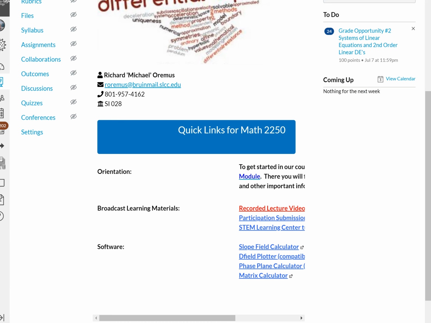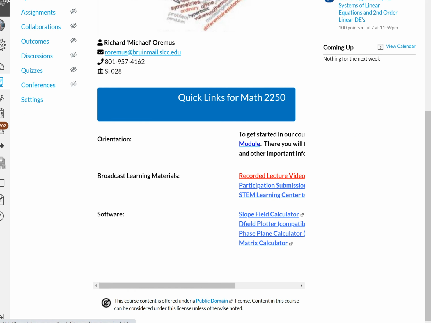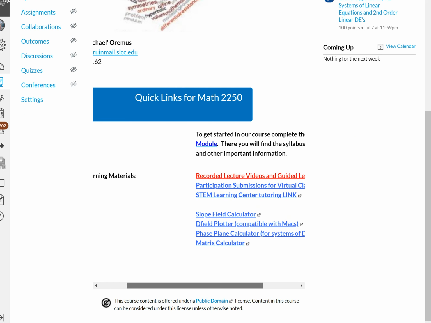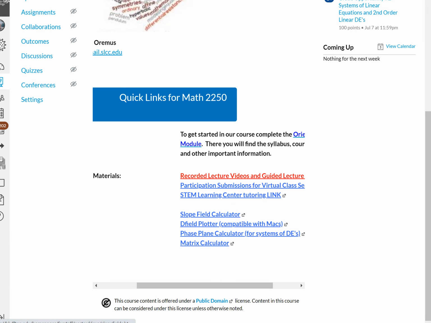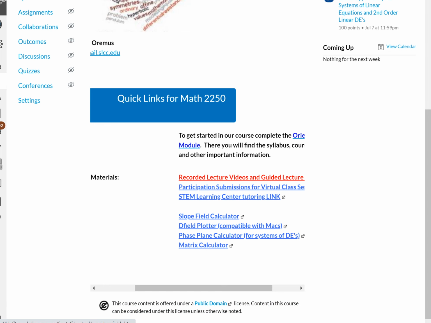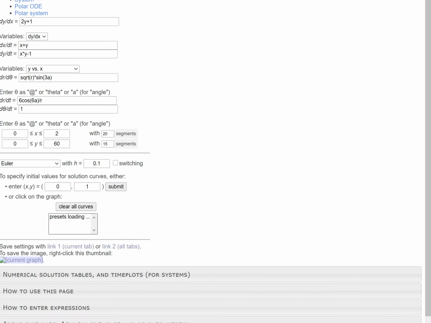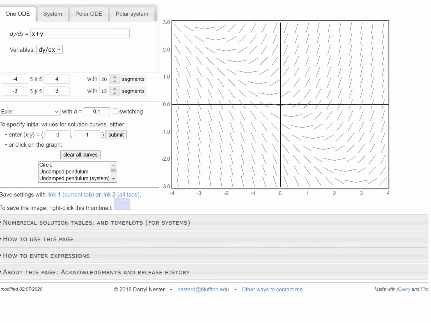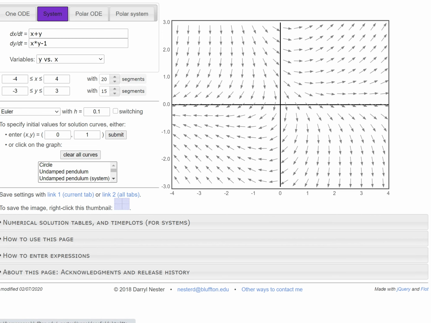And one of the softwares I provided was a phase plane calculator. So let's click on this phase plane calculator. And this time let's choose system of differential equations.